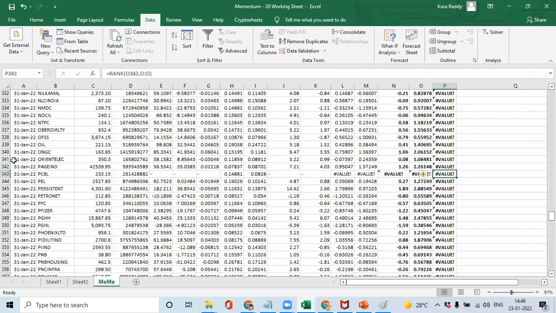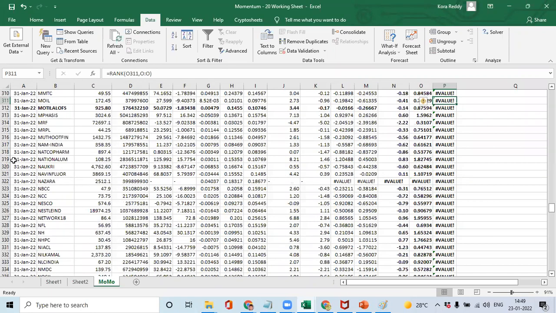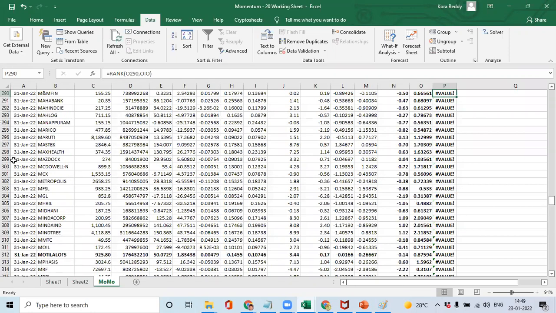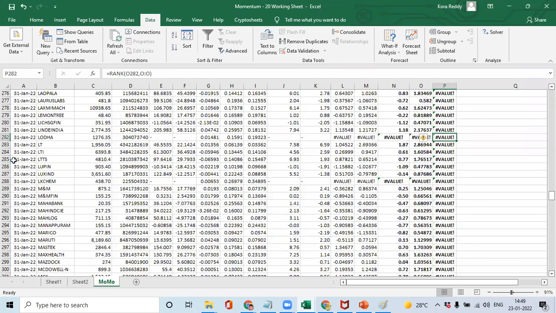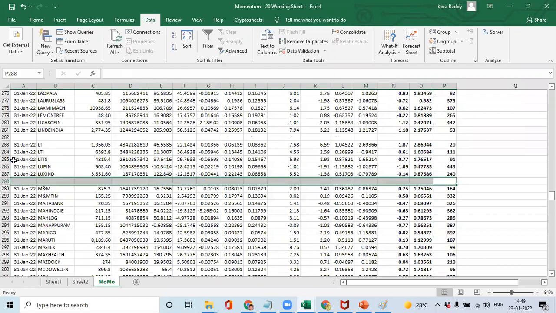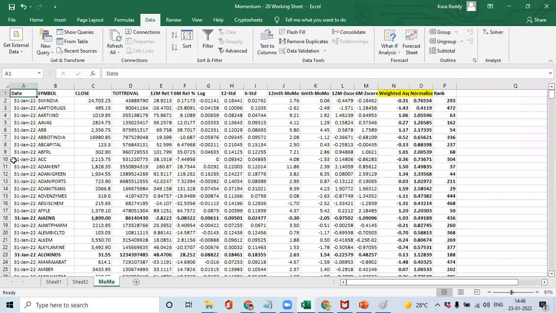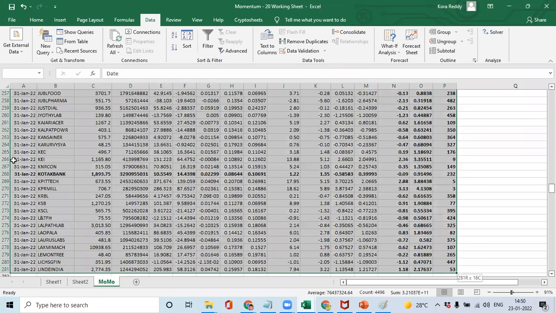PCBL doesn't have a 12 month history. Najara doesn't have a 12 month history. Loda, Lakchem. Now we are done. So all the problems are fixed.